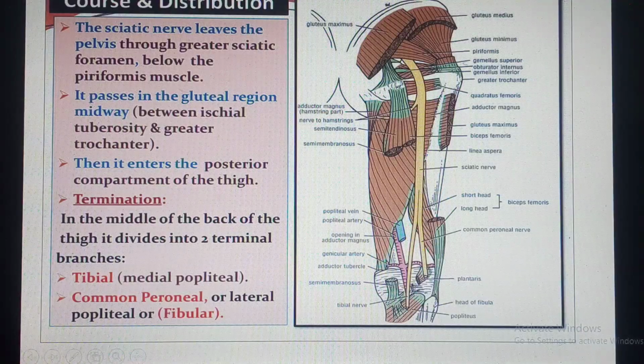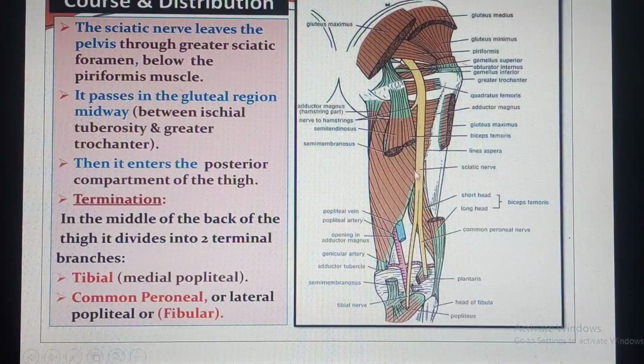And of course, you can see that it's running between the ischial tuberosity medially and the greater trochanter laterally, to get to the posterior compartment of the thigh.